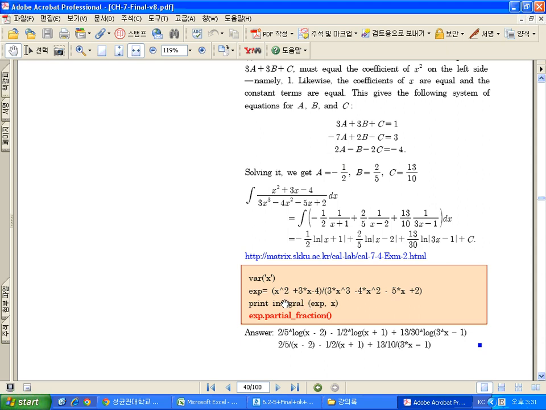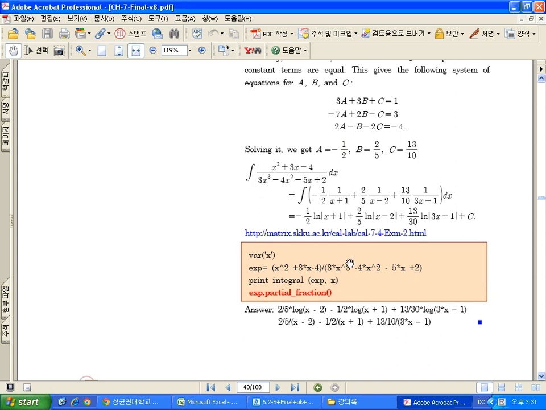And if you find the integral of this function with respect to x, then we have the answer like this, which is the same as that. So now we have a tool to get a partial fraction, and also a tool to get the integral of these rational functions.